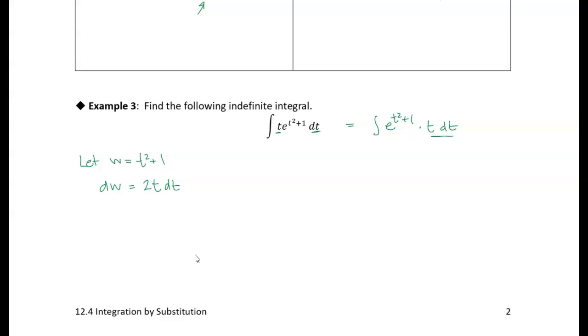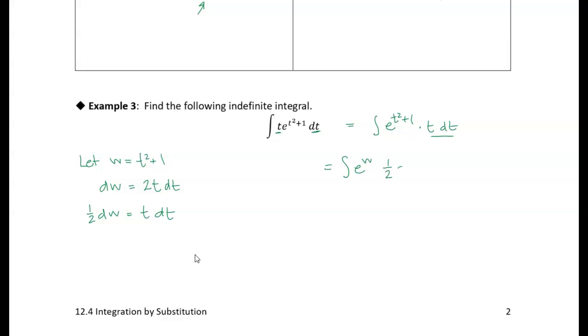Just divide both sides by 2, so we get 1/2 dw is equal to t dt, and t dt is what we need to substitute. So when we do the substitution, we get the integral of e to the w, and t dt is 1/2 dw.